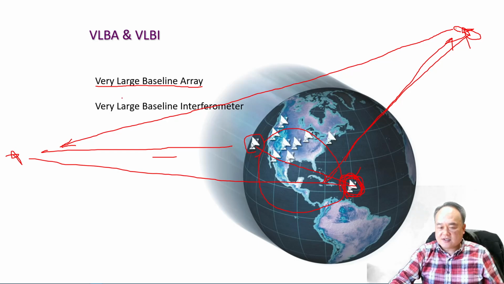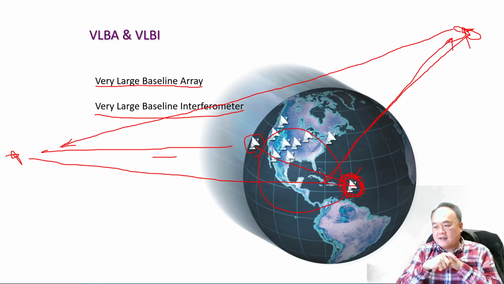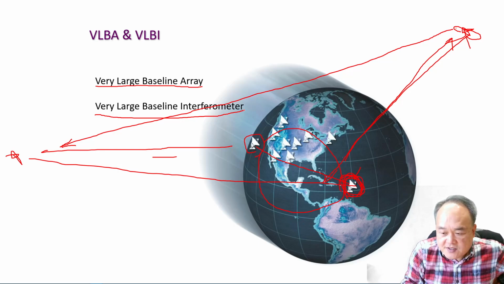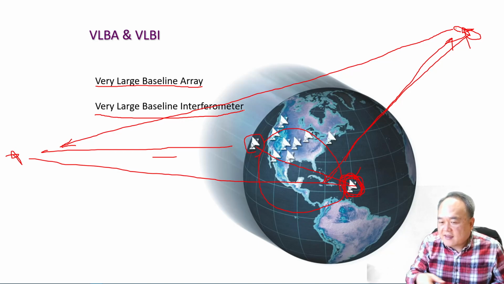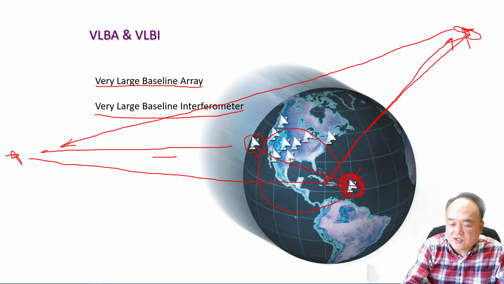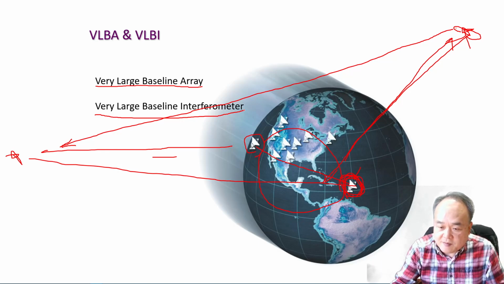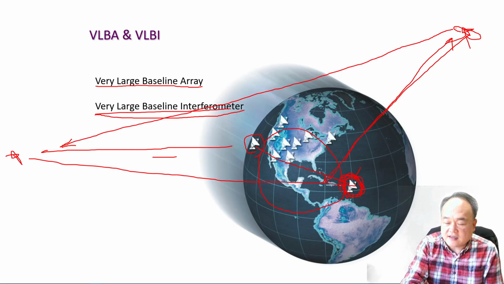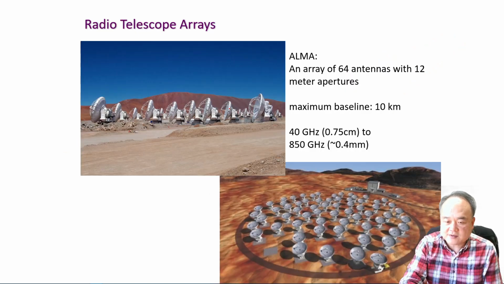This is the concept of very long baseline interferometry, VLBI. It has been suggested, but has not been realized because of expense and cost issues. VLBA has been implemented and used in many scientific projects. Space VLBI is still being designed and actively sought after.